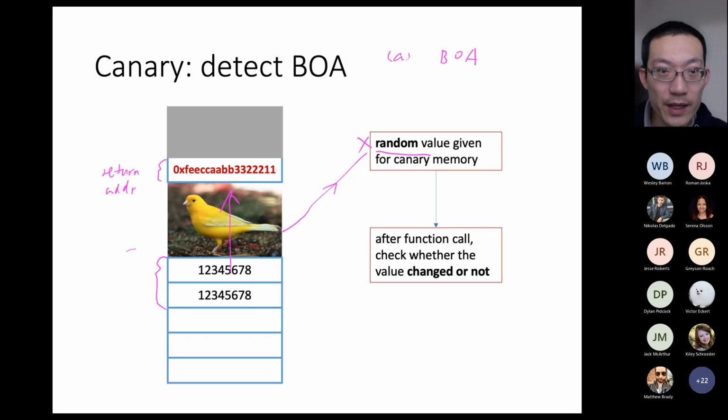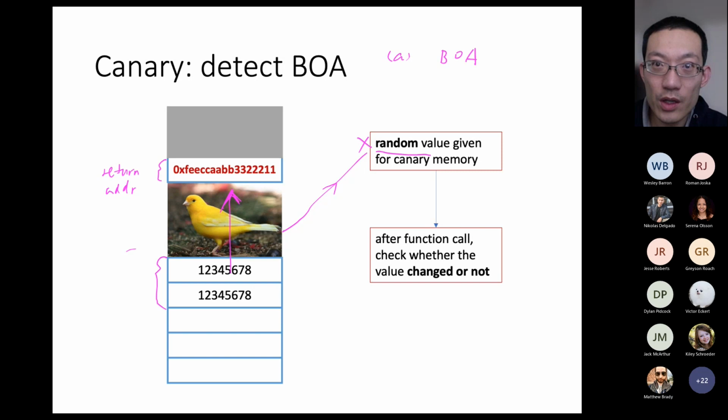You can think of it as a variable, 4 bytes or 8 bytes. It will overflow this canary part with its input, and because the attacker doesn't know the original random value, it would change the value of the canary with very large probability.